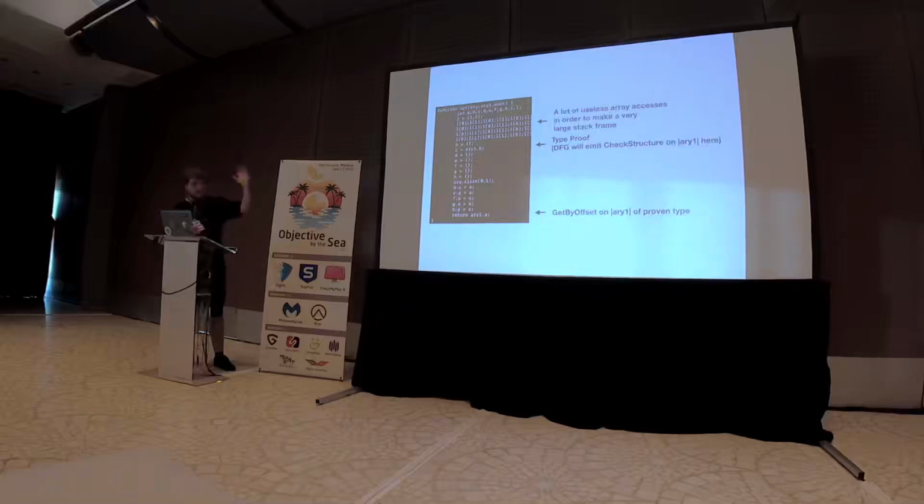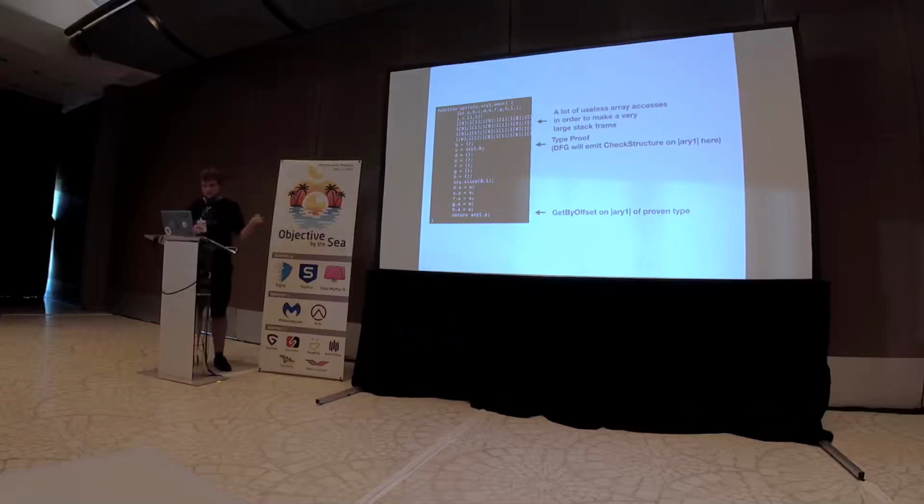And this is the code that tries to do that, and this is how it looks. And so again, we begin with a lot of useless array accesses just to make our stack frame very large. Now we do a type proof. This time I did it slightly differently. I access an inline property on arr1, and the DFG JIT will perform the type check before the GetByOffset node that is going to be put in the fetch of the b variable there.